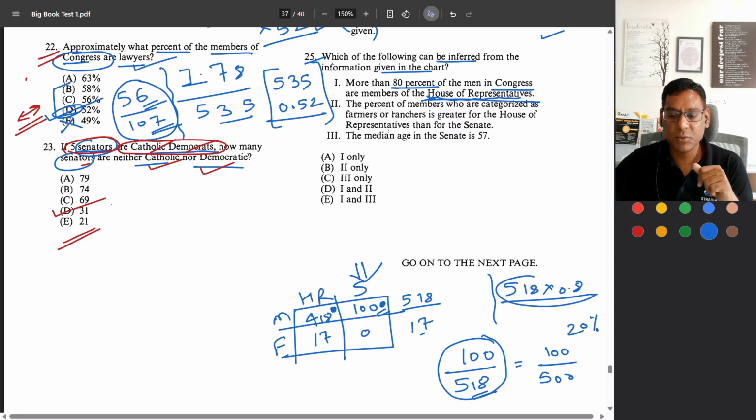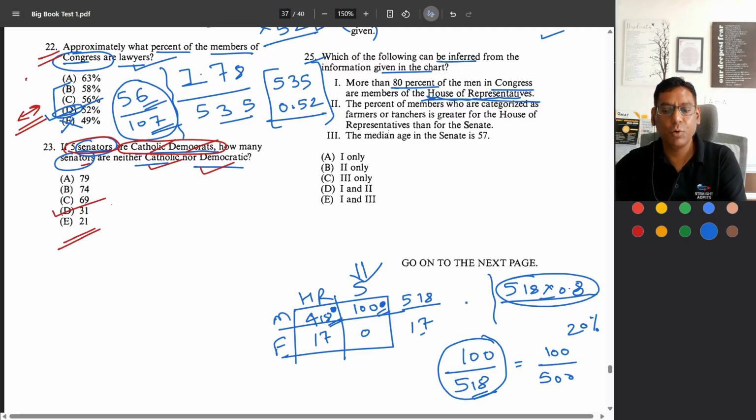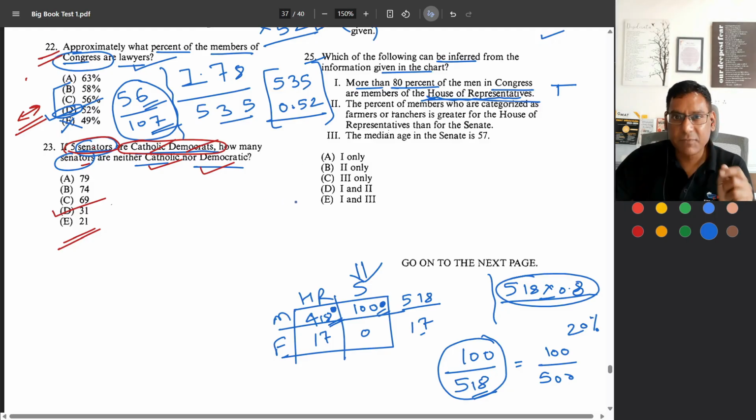Or you could do the calculation and you will see that that number is more than 80%. You can compare this number and this number and you will know that 418 is greater than this. So this is true. More than 80% of men in Congress are members. I am particularly liking this set because there are these finer nuances of calculation that are more than what we saw in the previous set.